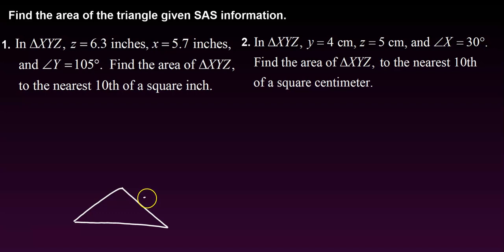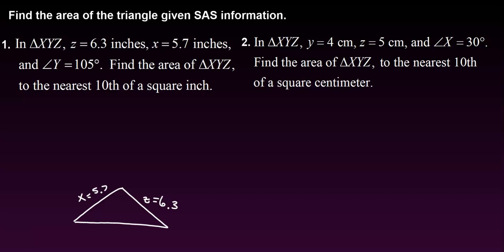We'll say this is Z. So this is 6.3. We will say that this is X over here. So this is 5.7.